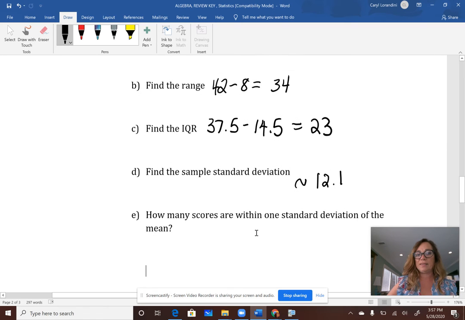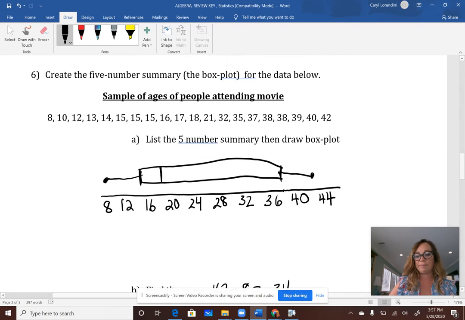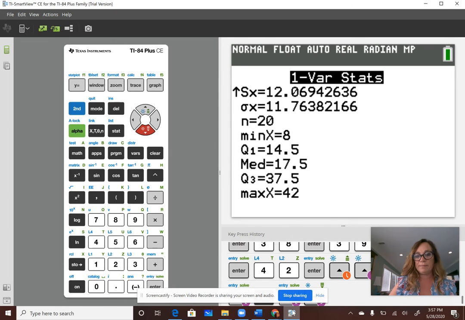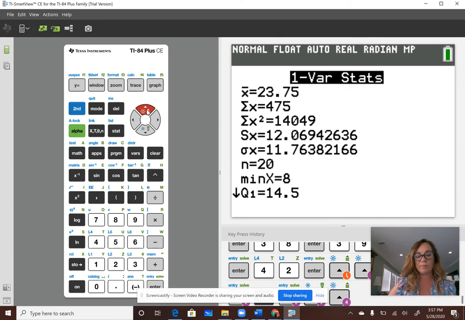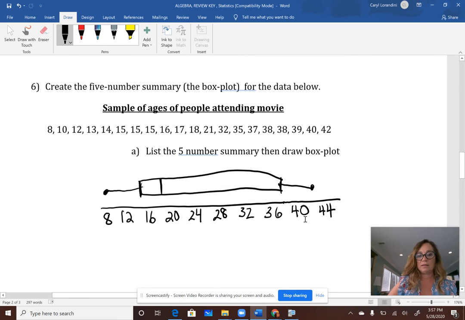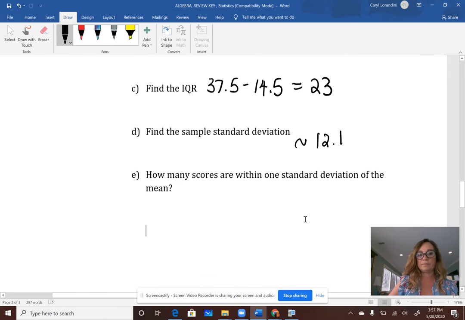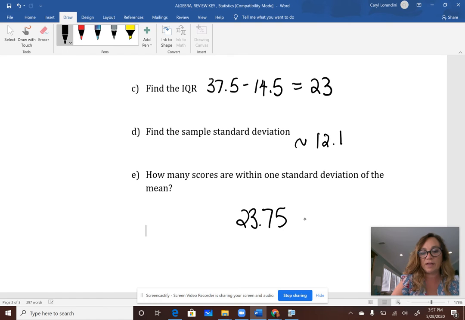Did I write down the mean? Of course not. Back to the calculator. All right, the mean is the X with the bar. So I got to go up a little, 23.75. Okay, so scroll back here. All right, so we have 23.75.